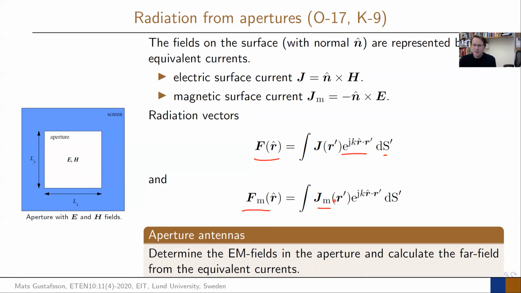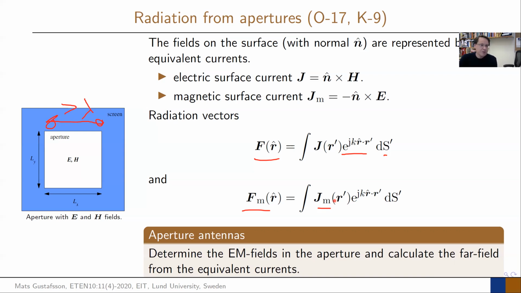And that means that everything we have learned can now be applied. So it's the same thing as we had before. We did it for this one, we did it for the patch, now we do it for the aperture. The same procedure. The big difference in these cases is that typically this structure is larger than lambda, or even larger than many lambda.